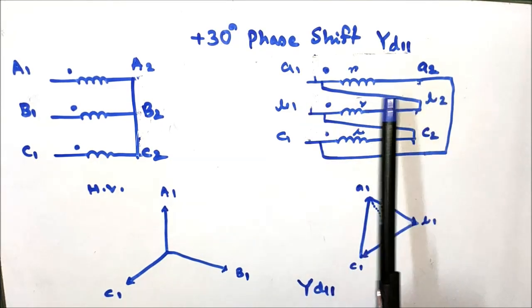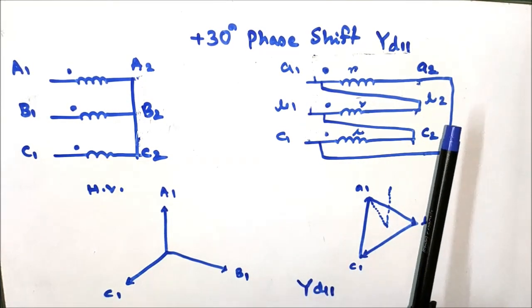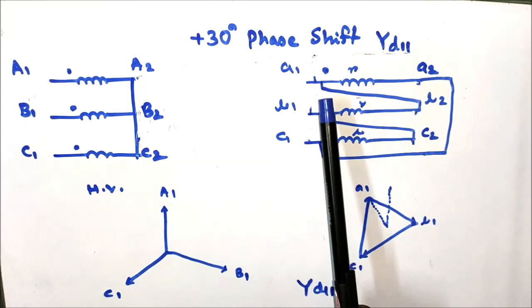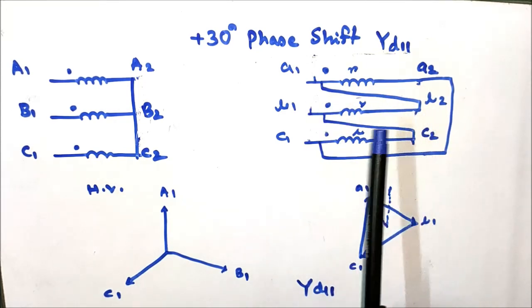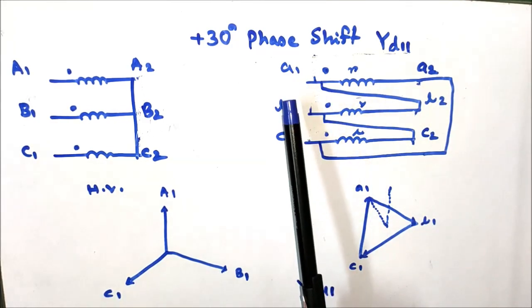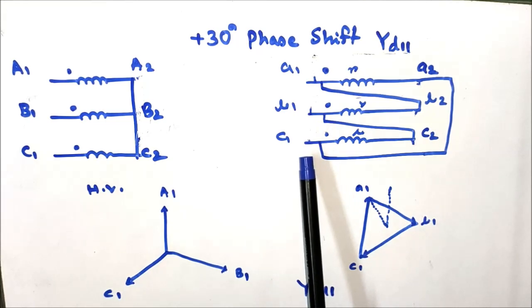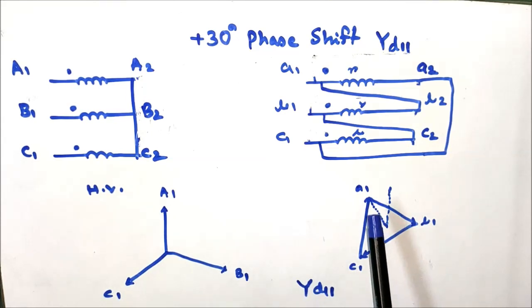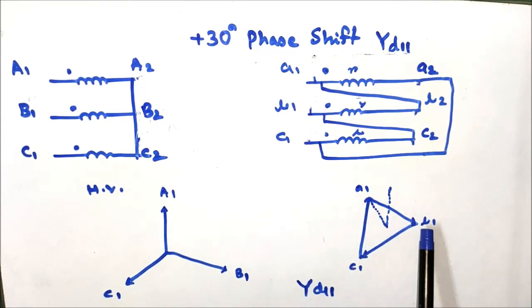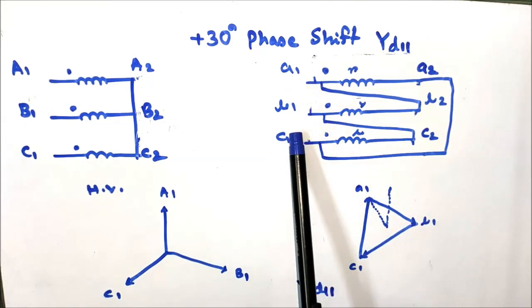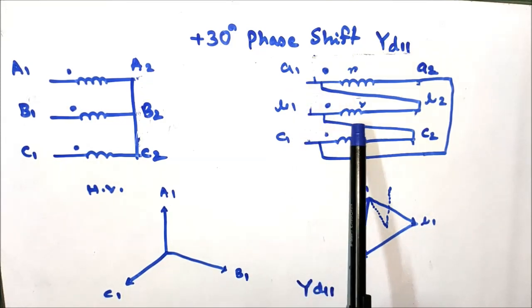But in case of delta, instead of shorting A2 with B1, we will now short A1 with B2, B1 with C2, and C1 with A2, and the connection terminals are taken from A1, B1, C1. You can see in between A1 and B1 there exists the Y phase of the winding.